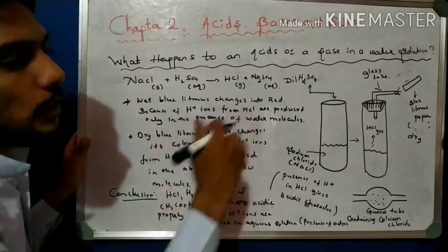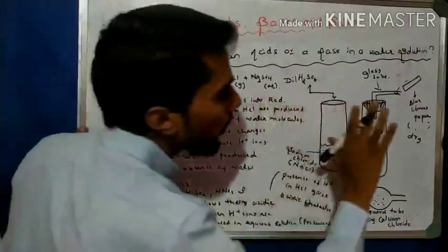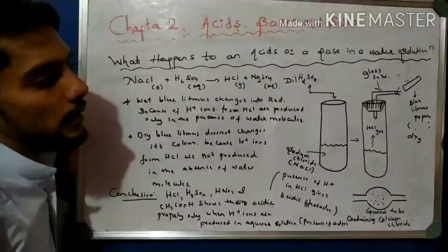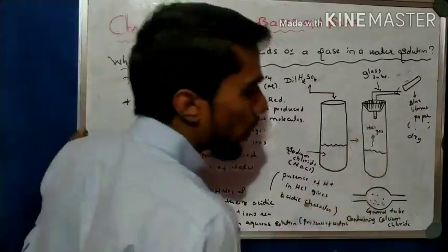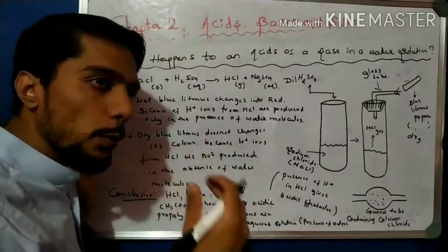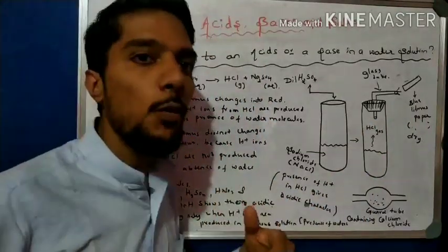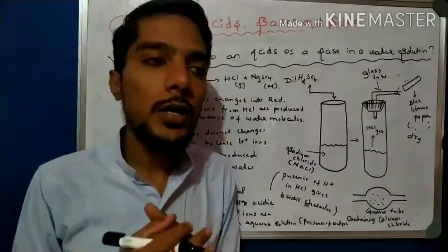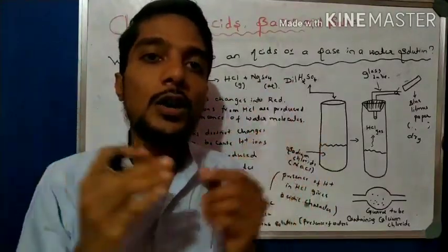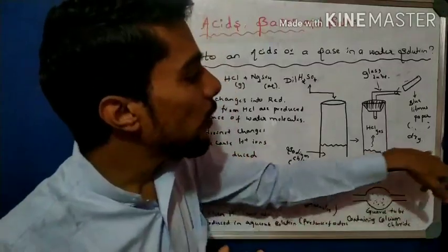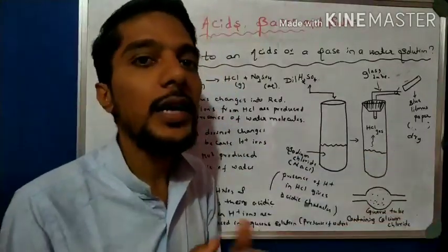So I change my route here. In the place of dry litmus paper, I can now change the gas, because sometimes it is not possible to make dry litmus paper because of the moist atmosphere when the climate is cold. In the climate we know that water droplets are present, so it is not possible for us to make dry litmus paper.